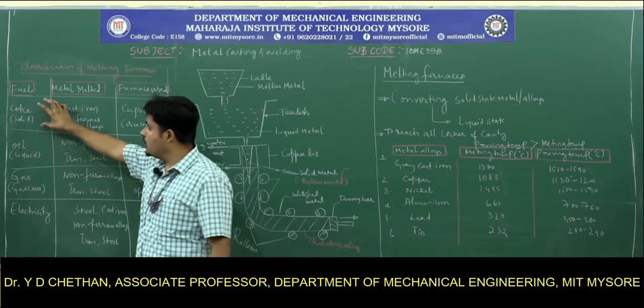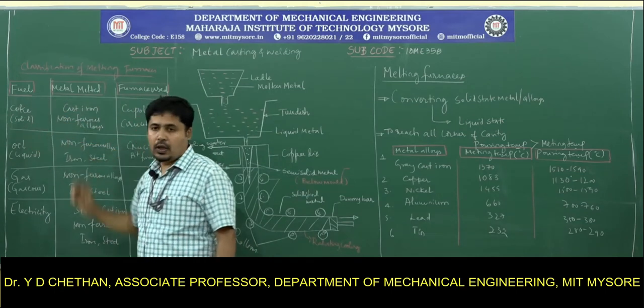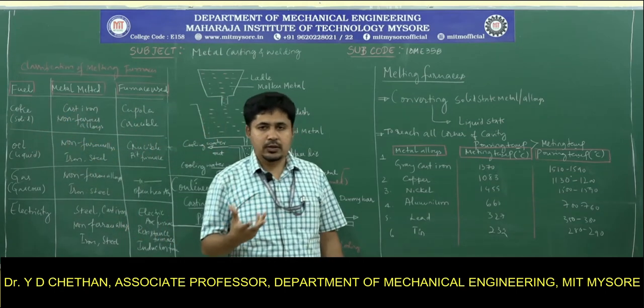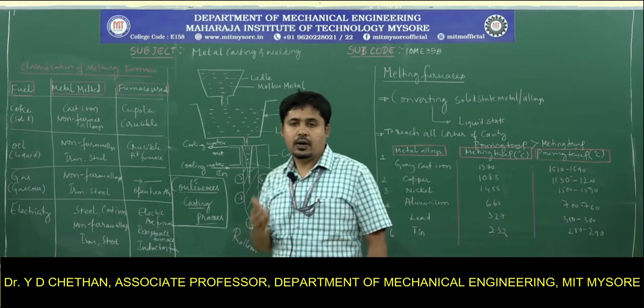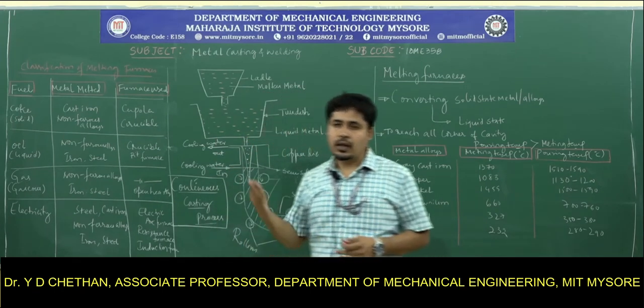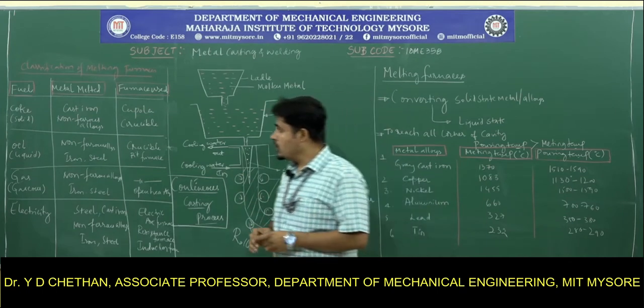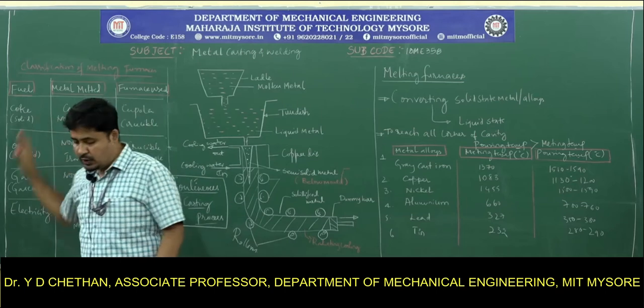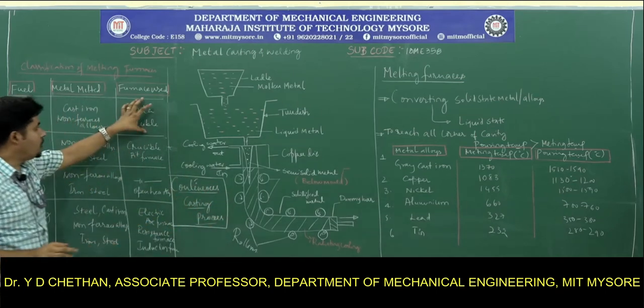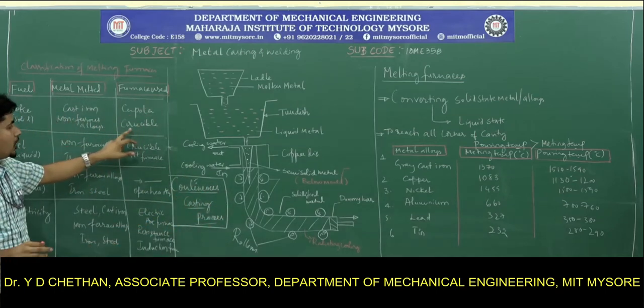So if you feed the fuel as coke, which is in the solid phase, it comprises carbon, then sulfur, hydrogen, oxygen and so on. This fuel is fed to a furnace called cupola or crucible.